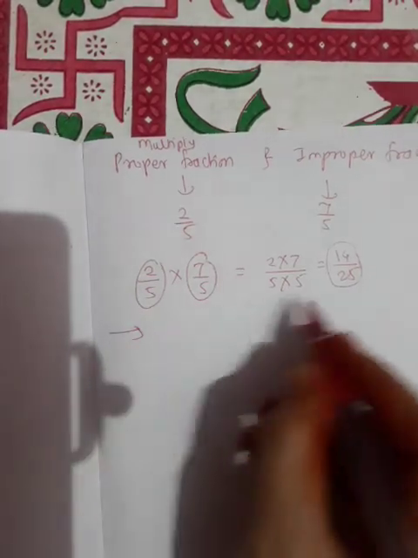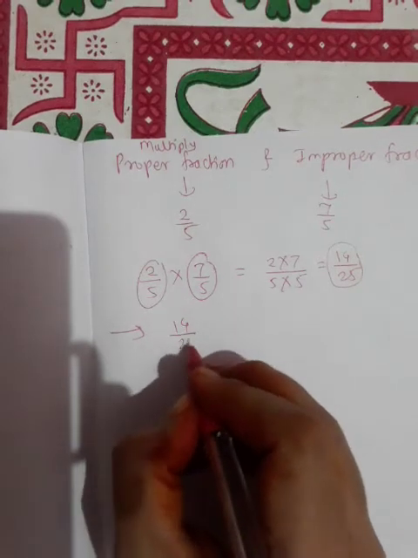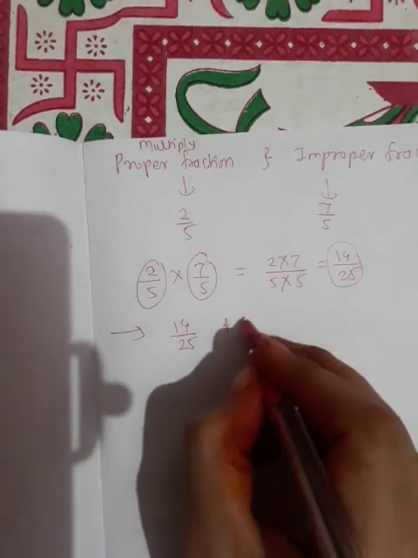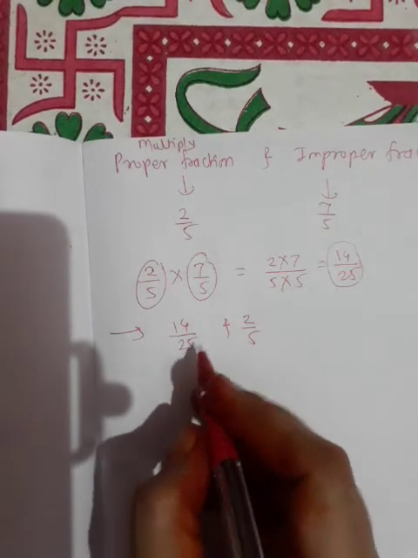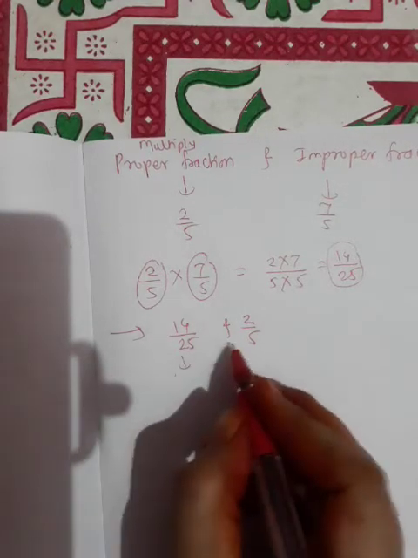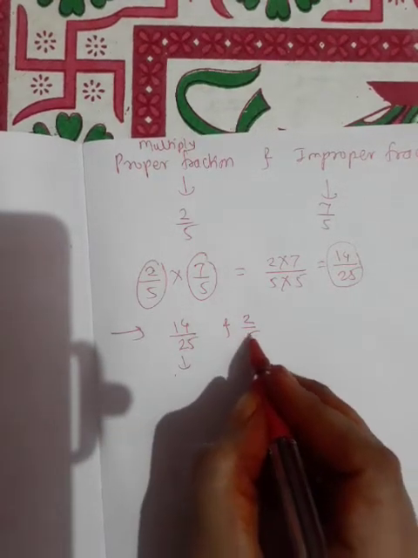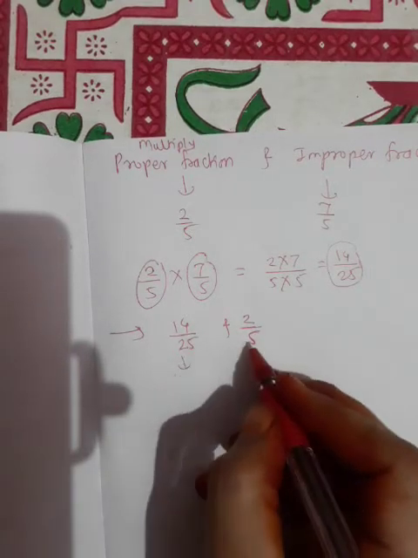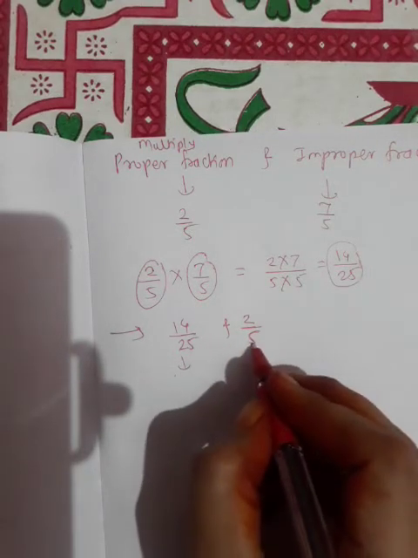And we have to check the relation between this product and each fraction. First, the relation between 14 by 25 and 2 by 5. Here the denominator is 25 and here it is 5, so we have to make the denominators the same. We multiply this 5 by 5.